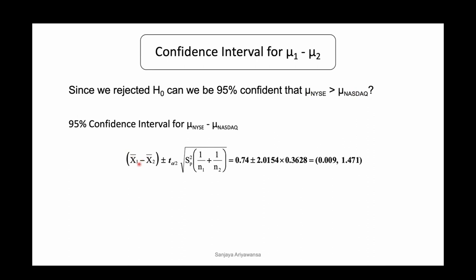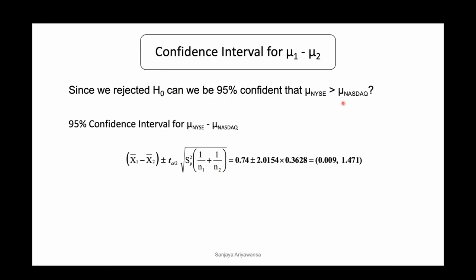It would be the difference between the sample means plus or minus the critical value given by your t-test statistic times this particular value over here. So when you do that, you calculate your confidence interval between these two values, 0.009 and 1.471.